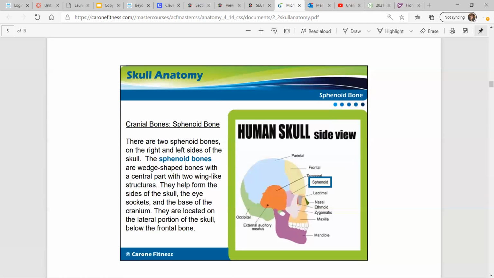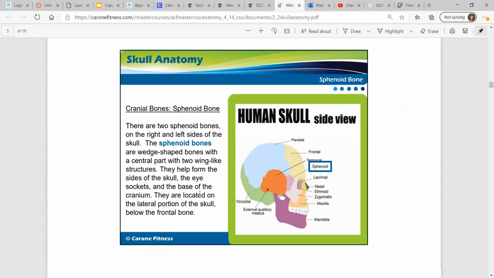Then we have this sphenoid bone right here. See this tiny little lilac purplish section? There are 2 sphenoid bones on the right and left sides of the skull. They are wedge-shaped bones with a central part with 2 wing-like structures.